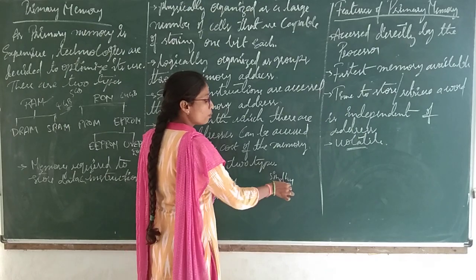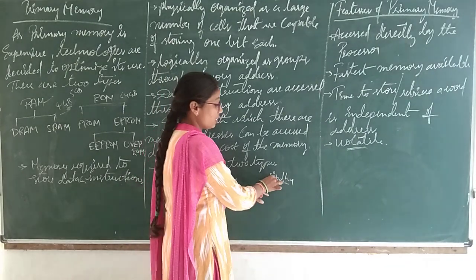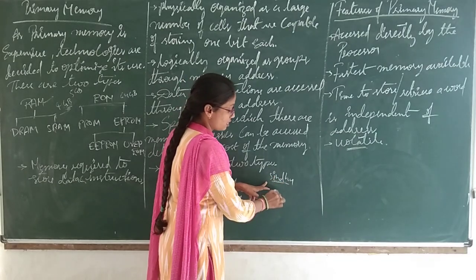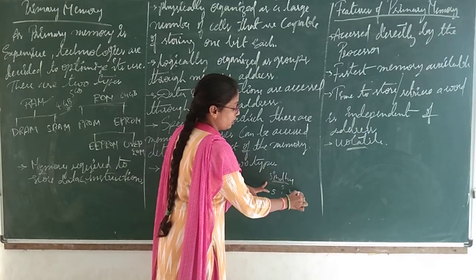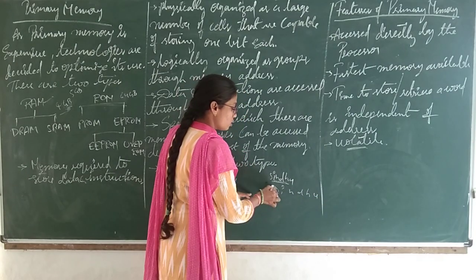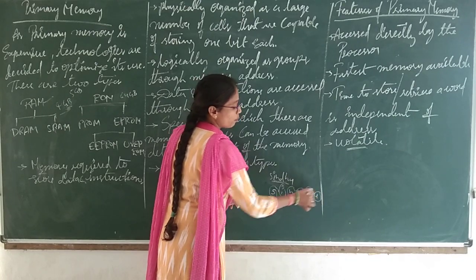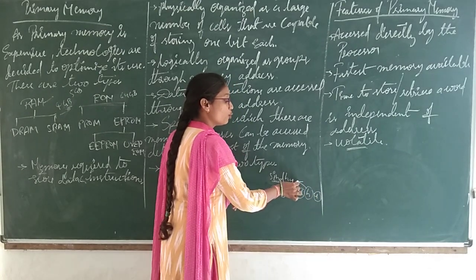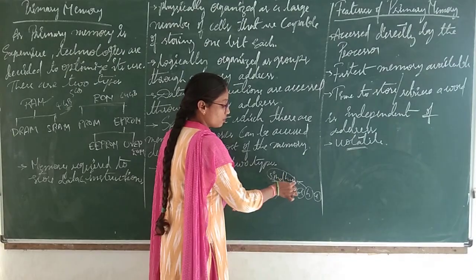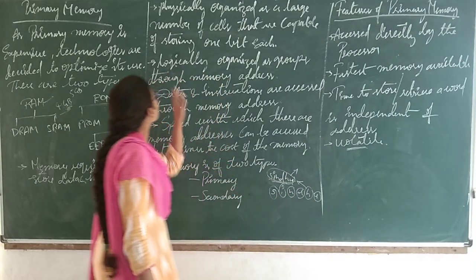Sindhu is a word, but it has characters S, I, N, D, H, U. Individually these are bits, but after adding them as a group, the word is Sindhu.